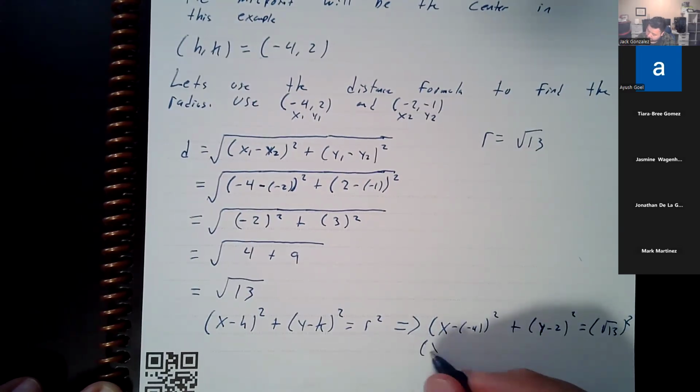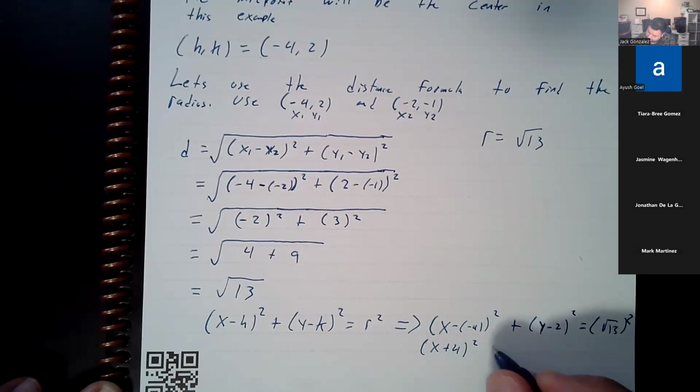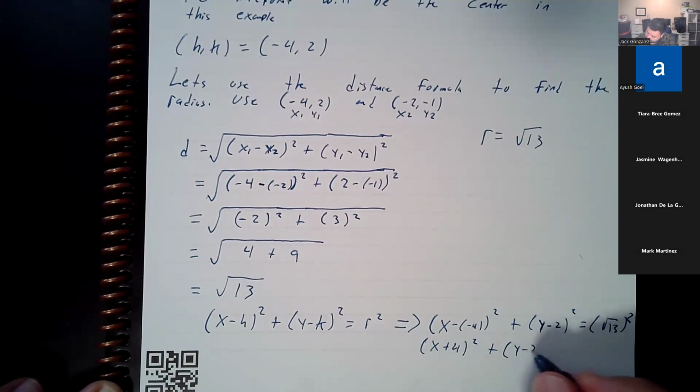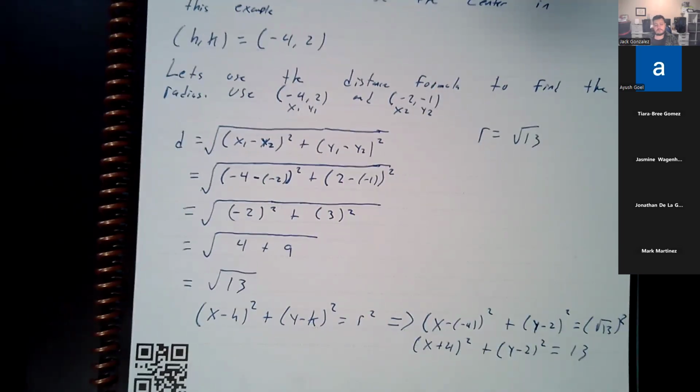So that becomes (x plus 4)² plus (y minus 2)² equals 13.